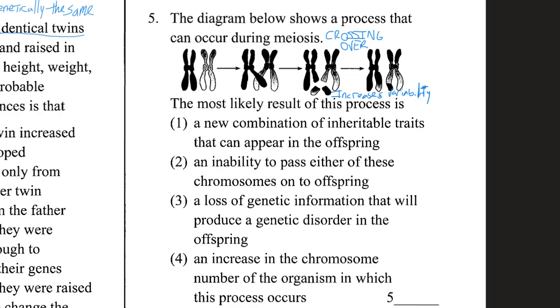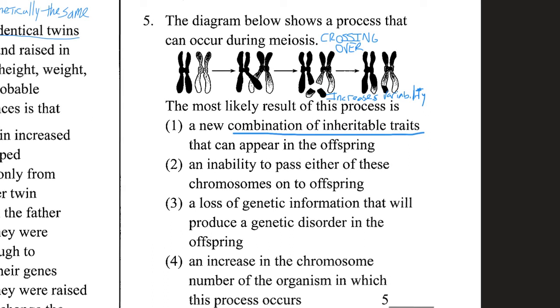The most likely result of this process is option number 1, a new combination of inheritable traits that can appear in offspring. So since the chromosomes are swapping versions of genes, we will get new combinations of those genes, which we can consider inheritable traits that can appear in offspring. We know that this can appear in offspring because we know crossing over occurs during meiosis.